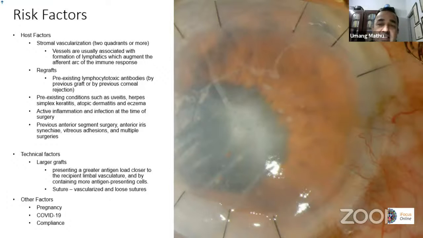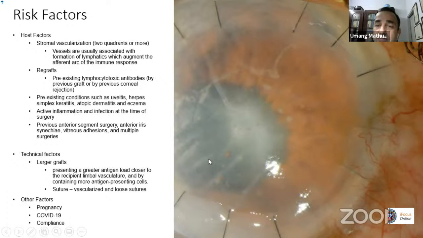So every time we are posting a patient or somebody comes to us with a corneal scar, you have to see what is the risk of rejection and classify whether this patient is going to benefit from surgery or not. Then technical factors would be large grafts. Grafts which reach up to the limbus would have a higher risk of rejection.